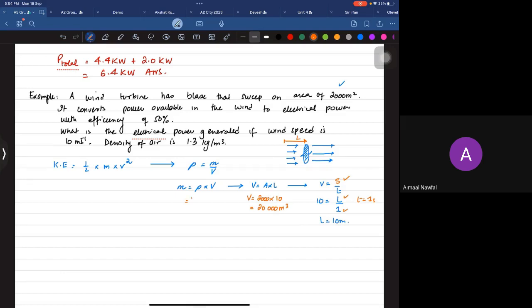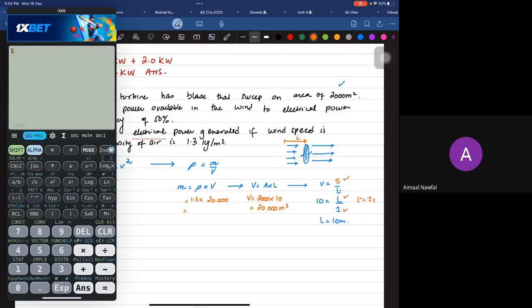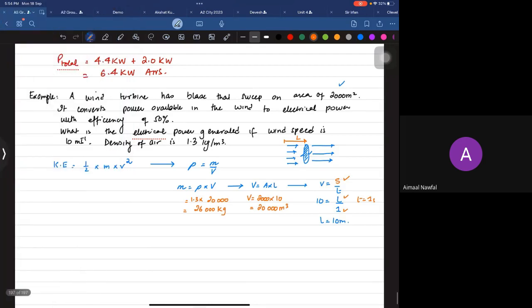Density was 1.3, volume was 20,000, right? So can you find the mass then? 1.3 times 20,000 is what? 26,000. So we got the mass of air, that is 26,000 kilograms, that's basically moved in 1 second, right?